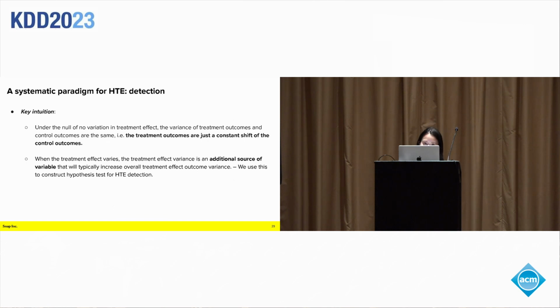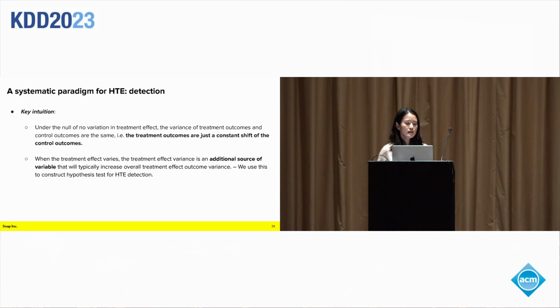So let's first take a look at the way we answer the first question, detection. The intuition behind detection is, under the null of no variation in the treatment effect, the variance of treatment outcomes and the control outcomes should be the same.